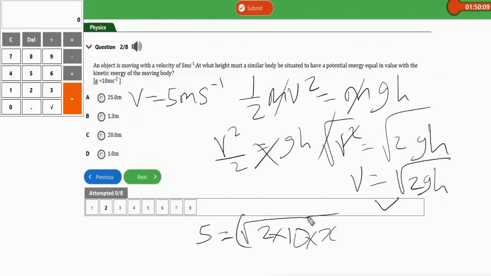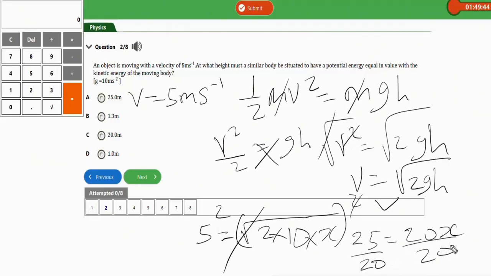When you square both sides, this square cancels the square root. So square of 5, we have 25, equals 2 times 10 times x, which is 20x. So you divide both sides by 20. So our x, which is our height, will be 25 divided by 20.